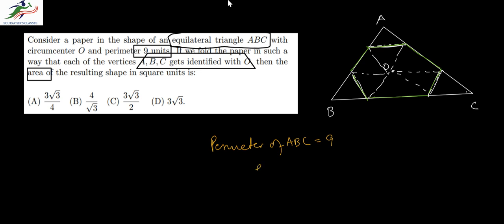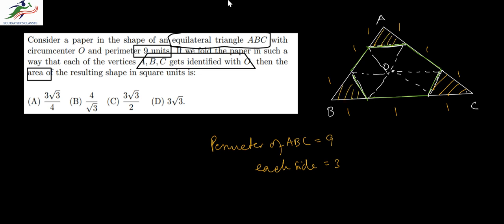Therefore each side of the equilateral triangle is 3. So we will have this divided into 3 parts, of 1 unit each, and this part of the original triangle will get folded inside.